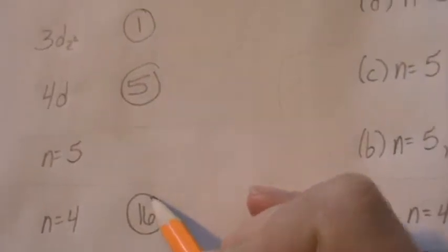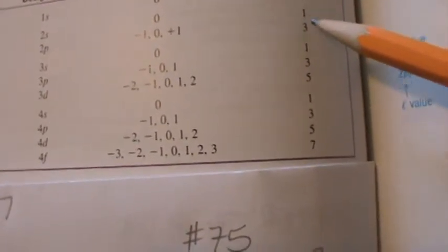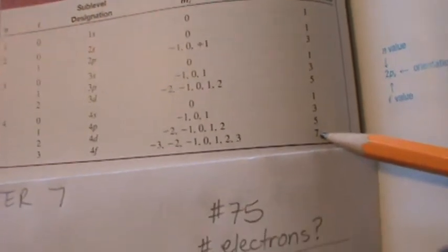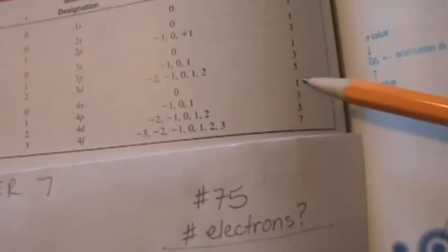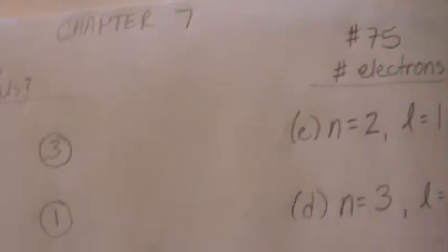Okay. So if we look at these, we can see that when n is 1, we have 1 orbital. Okay. And then we have s and p in 2, and s, p, and d in 3, and s, p, d, and f in 4, which means that in 5 we would have 1, 3, 5, 7, and our g orbitals.